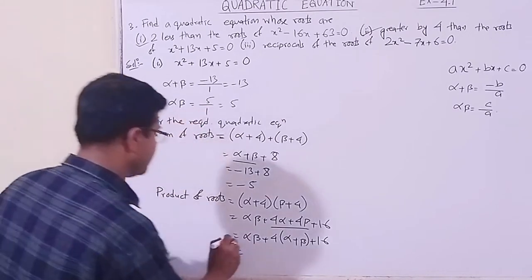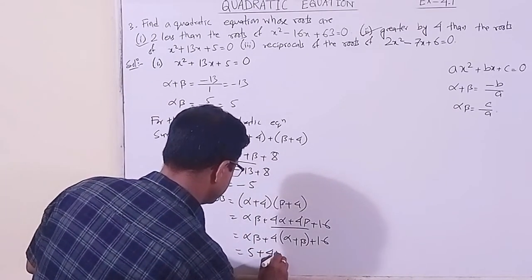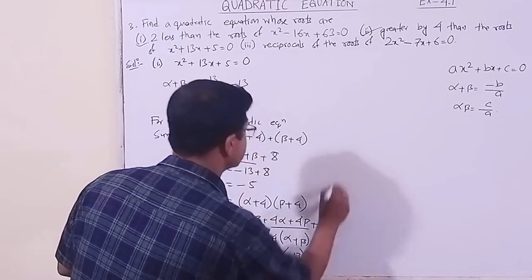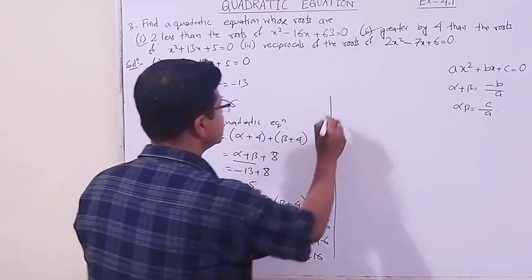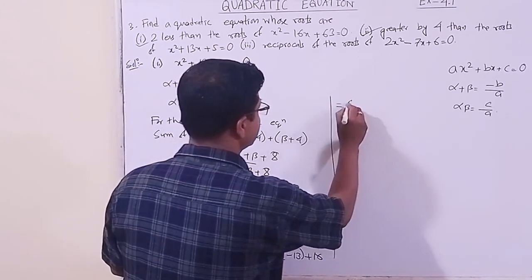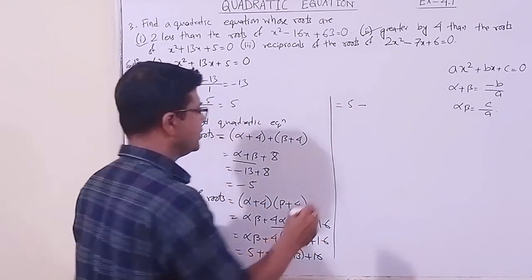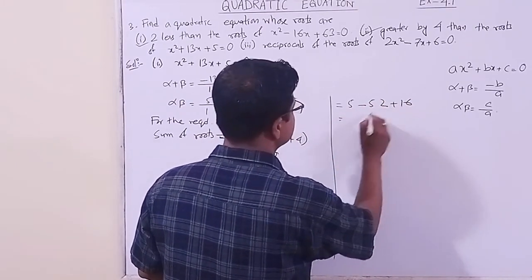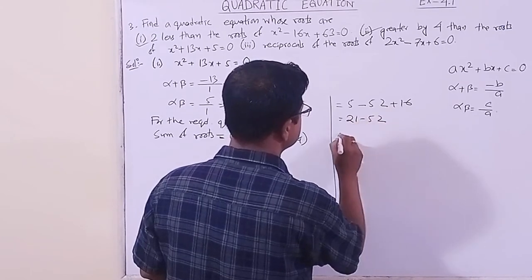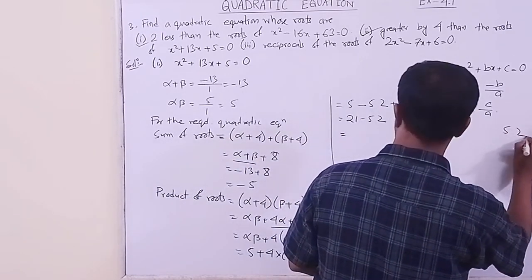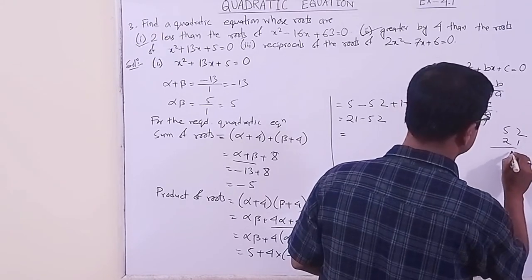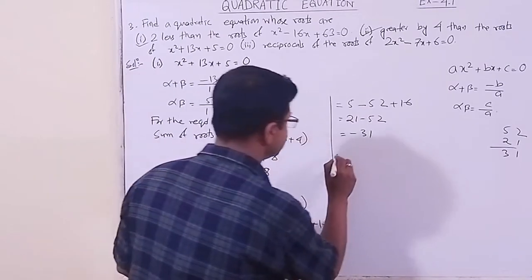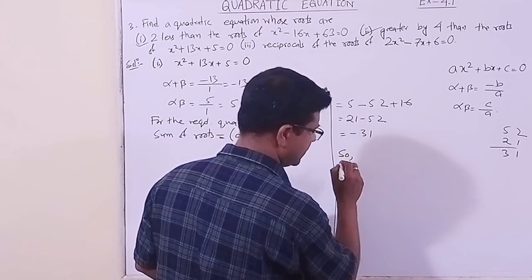Alpha into beta is 5. 4 into alpha plus beta is minus 13 plus 16. Okay, this is very easy for us. 5 plus minus 4 into 13, 52, then plus 16. 5 plus 16 is 21, minus 52. So let us subtract this, orally also you can do. This is minus 31.